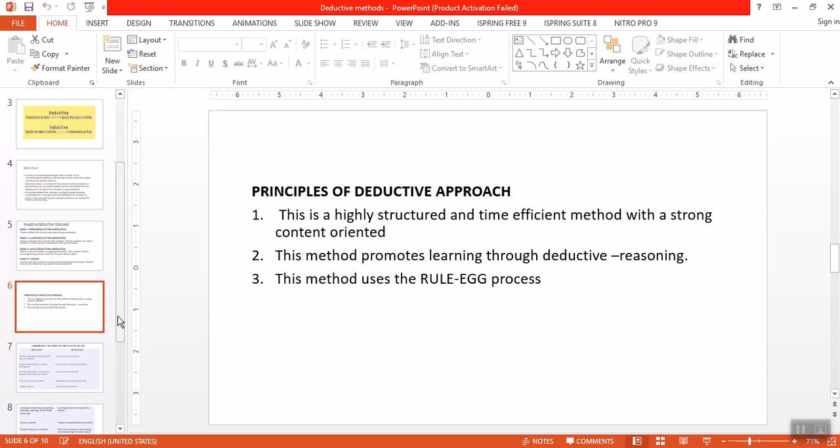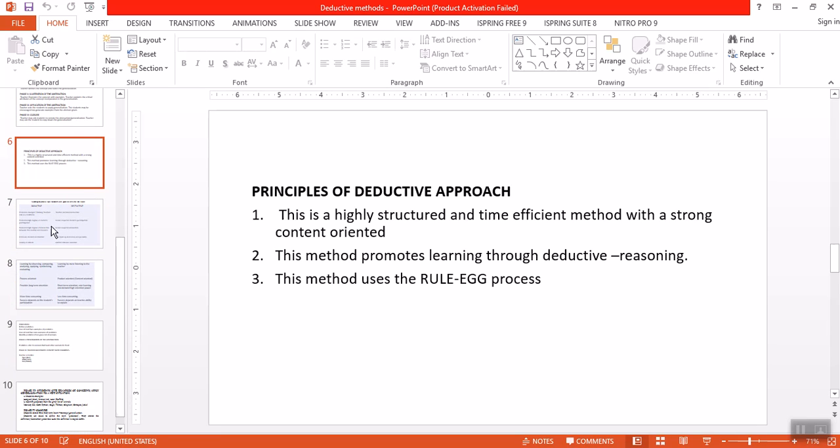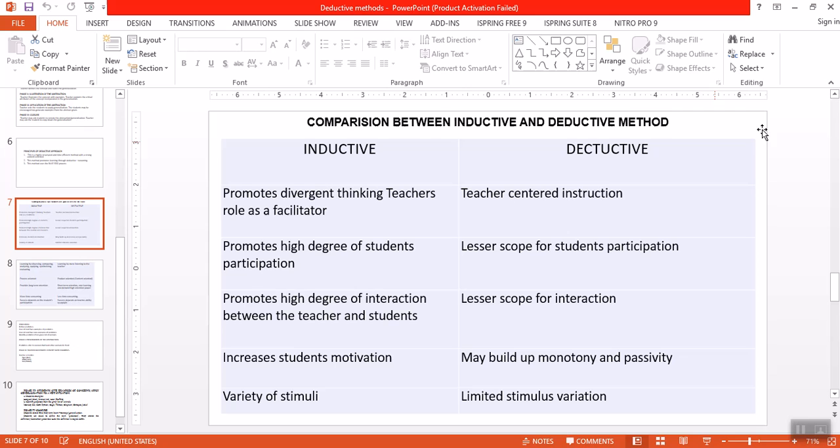Let's look now at the differences between the inductive and deductive strategies. The inductive strategy promotes divergent thinking, with the teacher in the role of a facilitator. The deductive is teacher-centered, because teachers explain the whole concept and then give some generalizations about the concept to be taught.